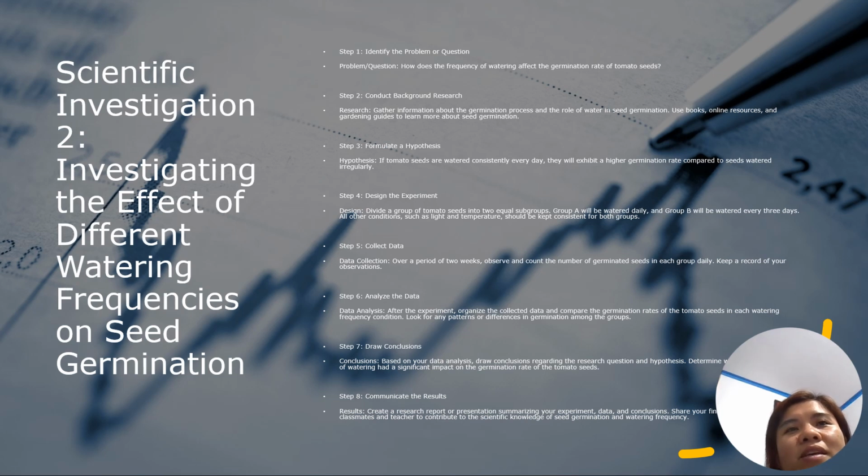Then step 6, analyze the data. After the experiment, organize the collected data and compare the germination rates of the tomato seeds in each watering frequency condition. Look for any patterns or differences in germination among the groups. Then step 7, draw conclusions. Based on your data analysis, draw conclusions regarding the research question and hypothesis.